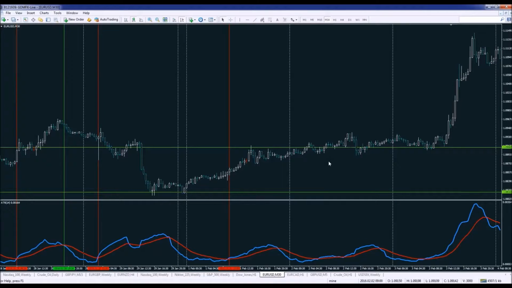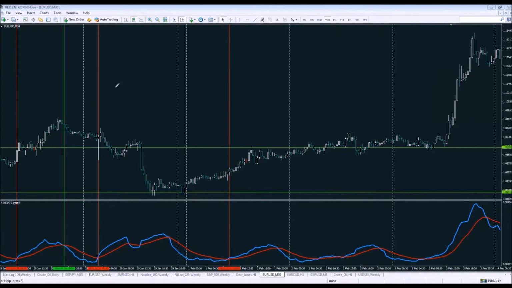Let's mention one more time what the important rules are here. Now, rule number 1, taking the direction: ATR should be above the moving average, crossing from below to above.